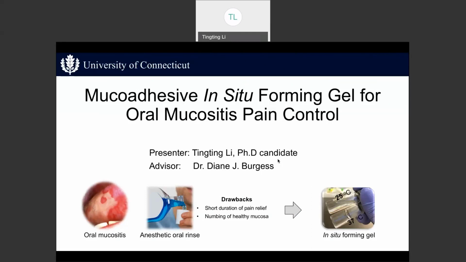And secondly, it is an in situ forming gel formulation, indicating that the formulation is a liquid at room temperature and forms a solid gel at body temperature, further preventing the formulation from spreading all over the oral cavity. So that's the background and the design of this dosage form. In the next slide, I'm going to talk about the work that has been done with this formulation.